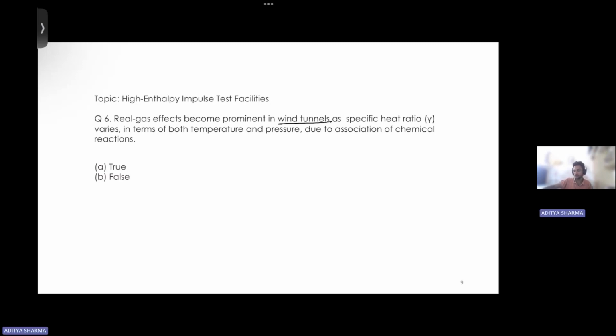But if we see the comparison between wind tunnels and shock tunnels that we have done in the lectures, we see that the perfect gas model applies here, as gamma is either constant or a function of temperature only.